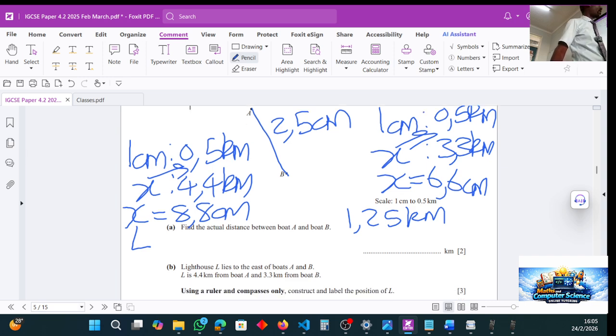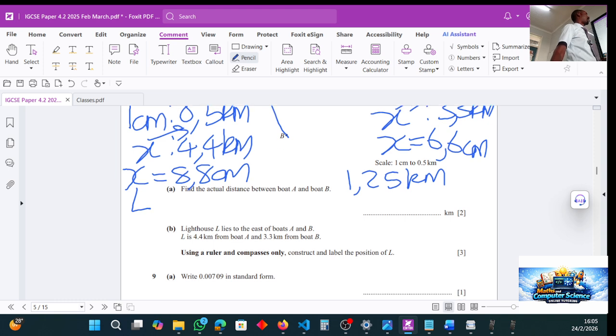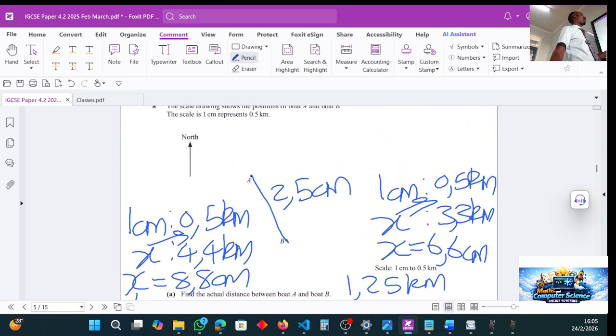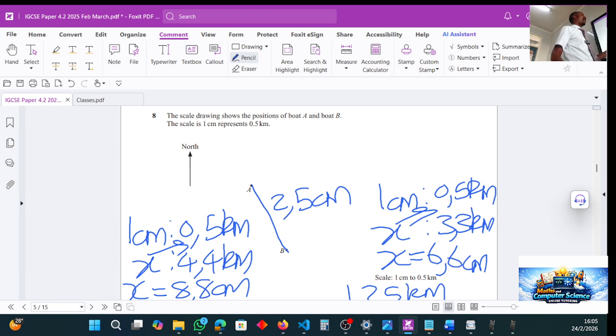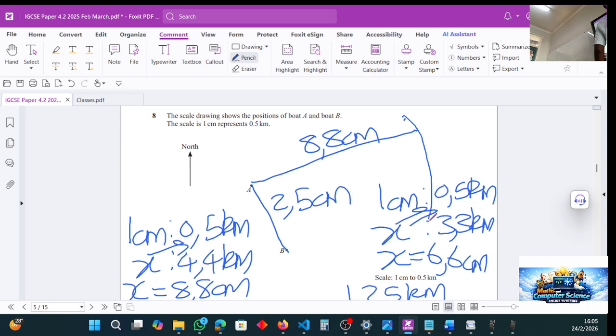We are now required to use a ruler and compasses to perform a construction to locate the position of L. So if we open our compass to 8.8 centimeters, we draw an arc from A. A similar process is done for B, where we open our compass to 6.6 centimeters and also draw an arc.